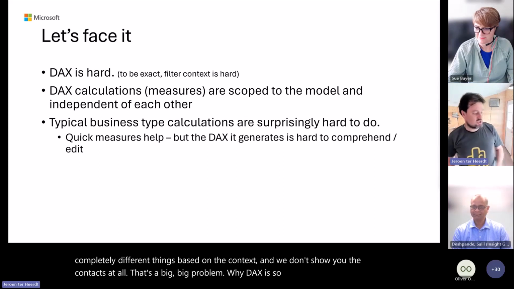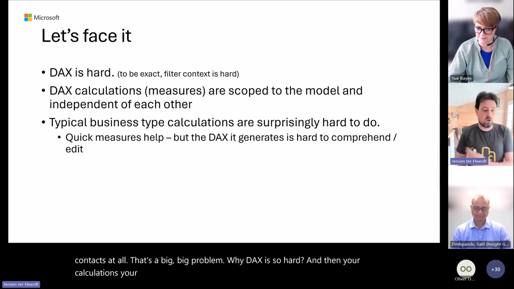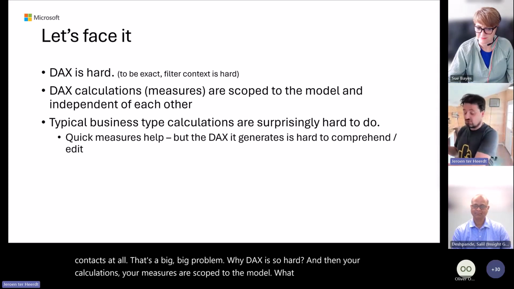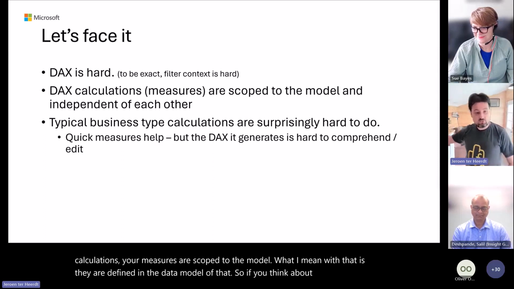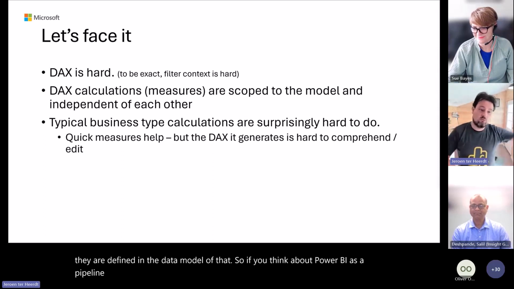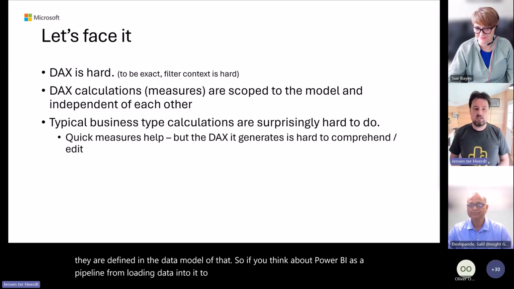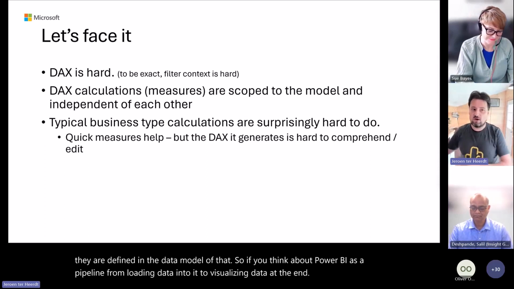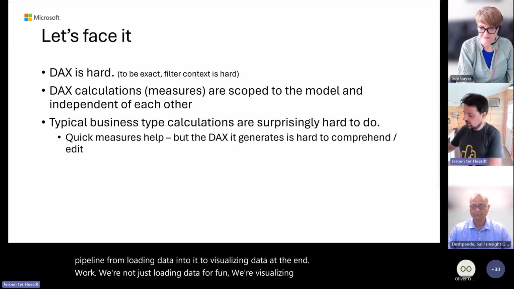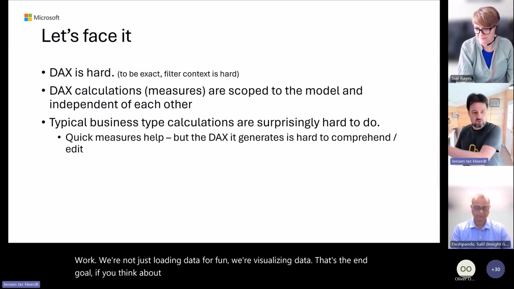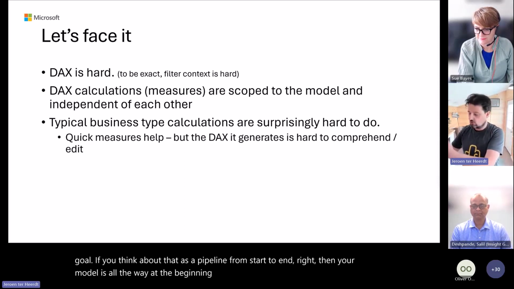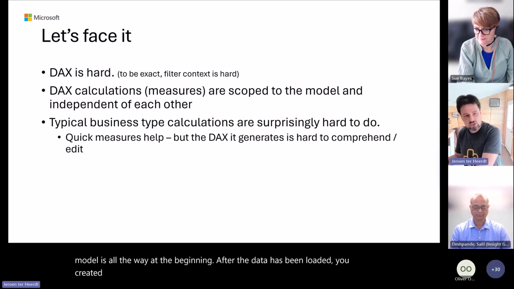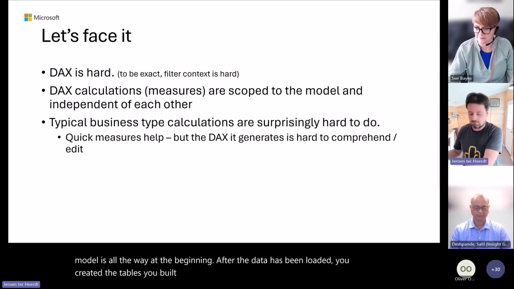And then your calculations, your measures, are scoped to the model. What I mean with that is they are defined in the data model of DAX. So if you think about Power BI as a pipeline from loading data into it to visualizing data at the end, we're not just loading data for fun, we're visualizing data. That's the end goal. If you think about that as a pipeline from start to end, then your model is all the way at the beginning. After the data has been loaded, you created the tables, you built relationships, that's where your model lives.